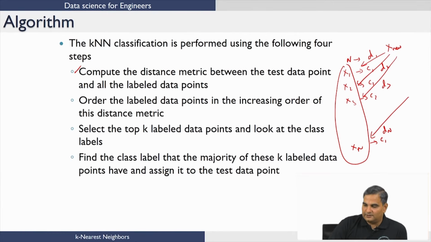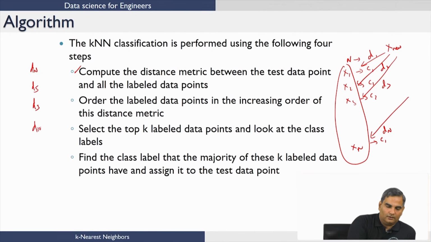Once we have these distances, we look at all of them and order the distances from the smallest to the largest. So, let us say dn is the smallest distance, then d5, d3, d10, whatever it is.